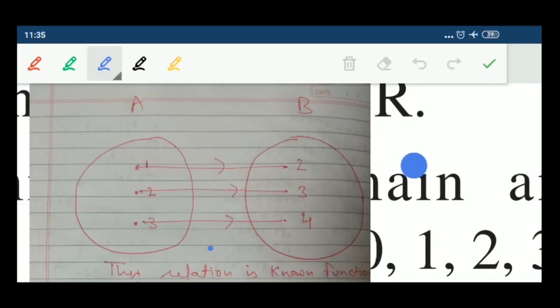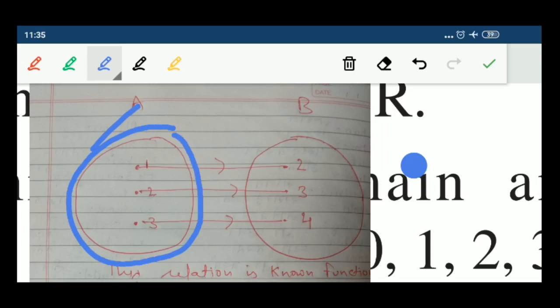Now students, you will learn how to find the domain, range and codomain of a function. When a relation from A to B is said to be a function, all the elements of set A are called the domain of the function. And remember, all the elements of set B are known as the range of the function.